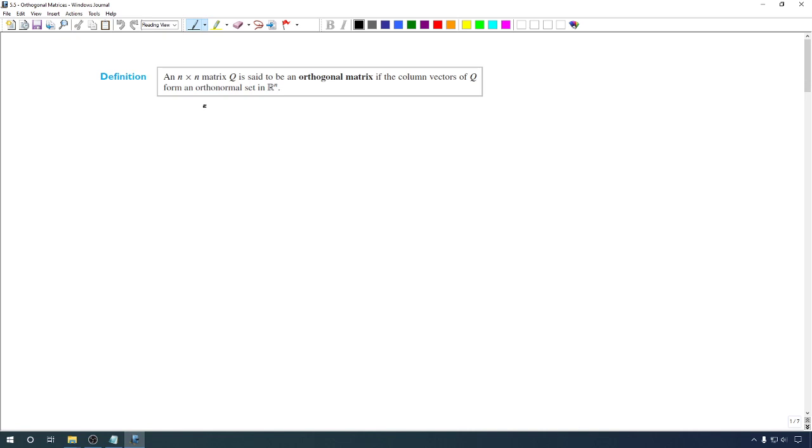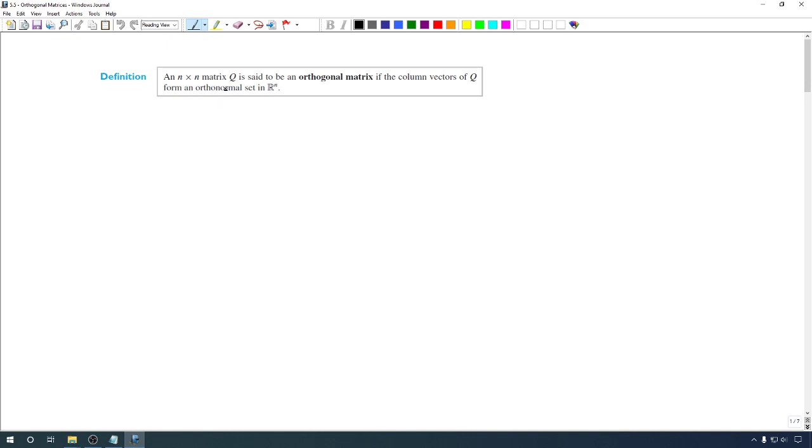In fact, we're actually going to go a little bit further and insist that we have orthonormal columns, that they have unit length. We will call a matrix an orthogonal matrix if it's a square matrix, specifically a square matrix. We'll actually look at some matrices that are not square but still have orthogonal columns. But here, an orthogonal matrix itself is a square matrix where the column vectors form an orthonormal set in Rn.